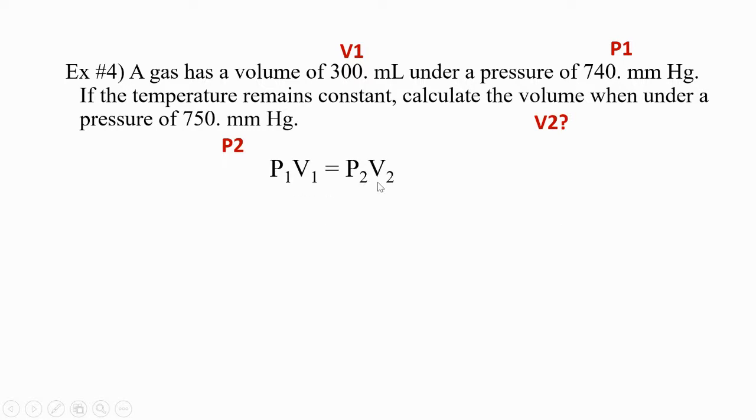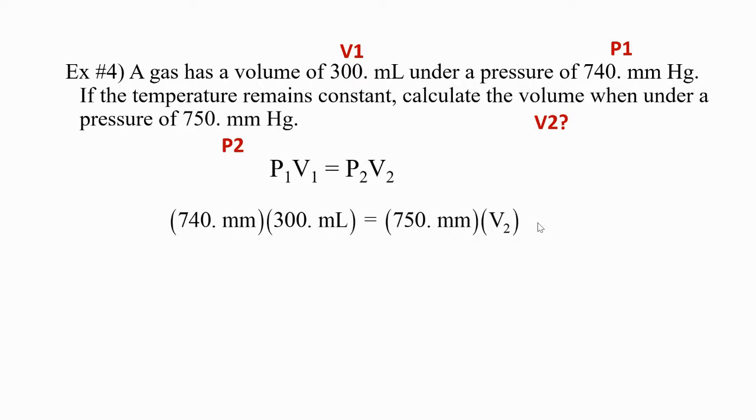So that is the equation. I'm going to plug in P1, 740, times V1, 300, is equal to P2, the new pressure, 750, times, I don't know, the new volume. You can't just stop here and copy the answer from the bottom of the page. That's not going to get you credit. You must solve the equation for the X or V2.